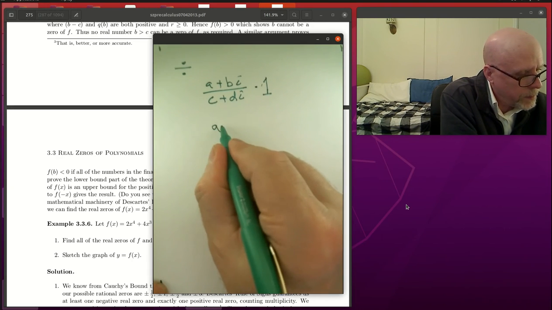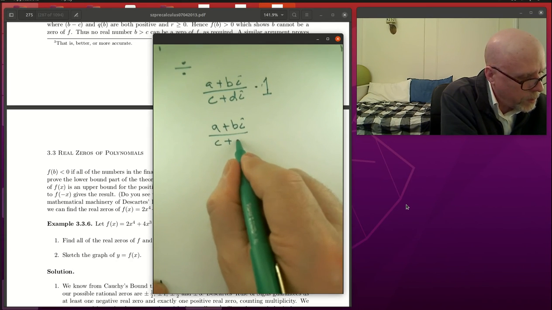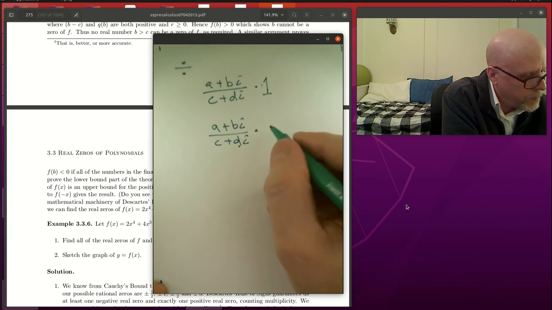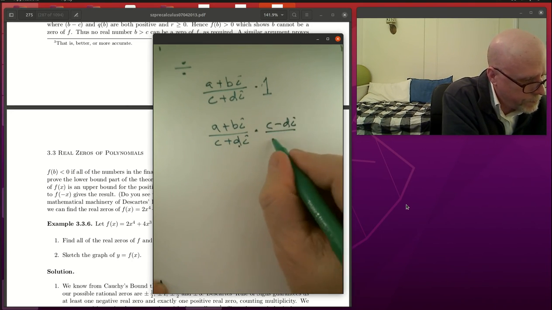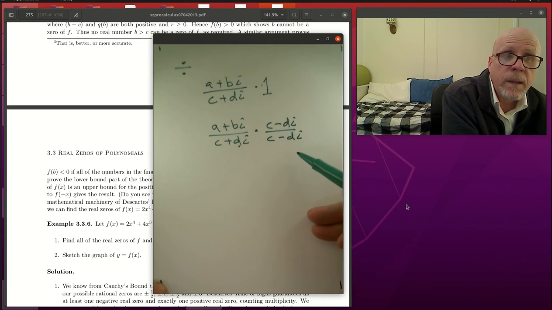You're going to take the fraction we've got there, a plus bi over c plus di, and times it by the conjugate of this bottom over itself. You see how that's 1?